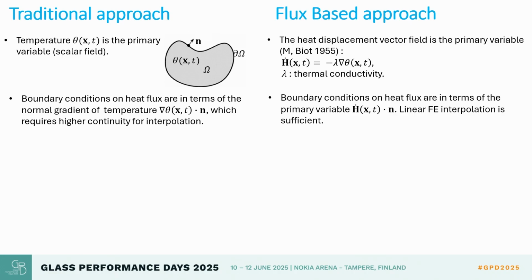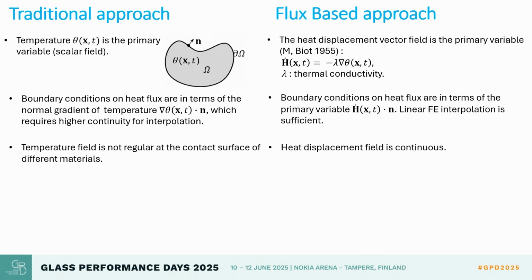Another point of difference, the boundary conditions of the normal problem that we face in reality are conditions on flux. And to enforce them using a finite element model in the traditional approach, we need higher continuity for interpolation. This is the opposite case in the vector field approach, where the linear interpolation is sufficient.